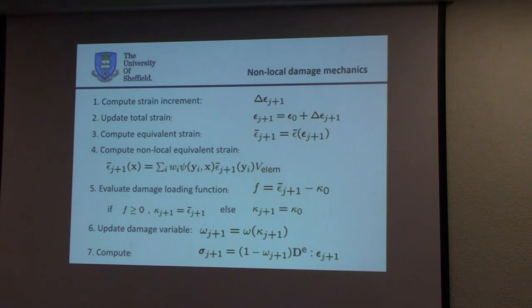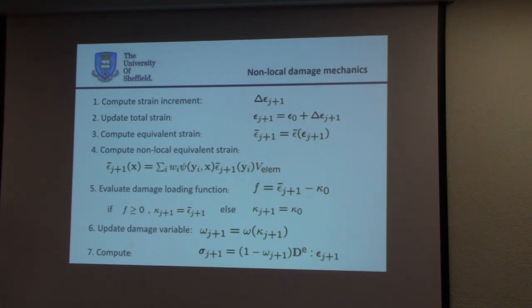Now, how do you do this? Pretty much along the previous lines. So we compute the strain increment from our displacements. We update the strain. We compute our local equivalent strain as a function of our local strain. We compute a non-local strain, and here you replace the integral by a finite sum. Here with weight function, the weight vector times this value times your strain there times the volume.